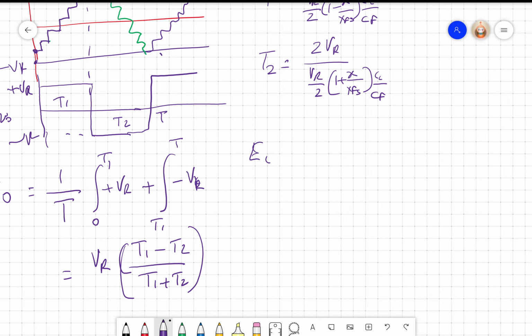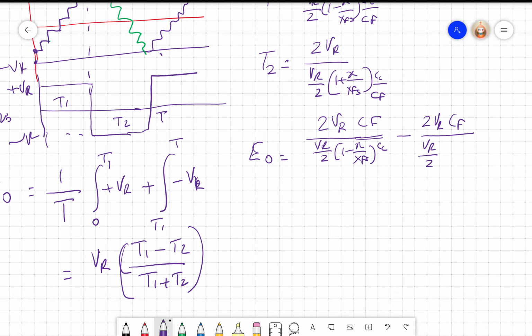We already have T1 minus T2, right? So I can write E0 is equal to T1. You remember, 2VR divided by VR by 2 into 1 minus x by x full scale into Cc by Cf. Cf goes on top, right? T2 is minus 2VR into Cf divided by VR by 2 into 1 plus x by x full scale into Cc, Cc by Cf, Cf goes there.